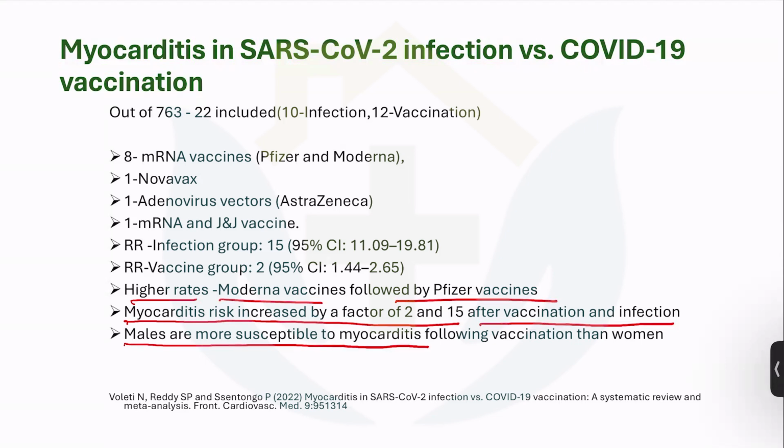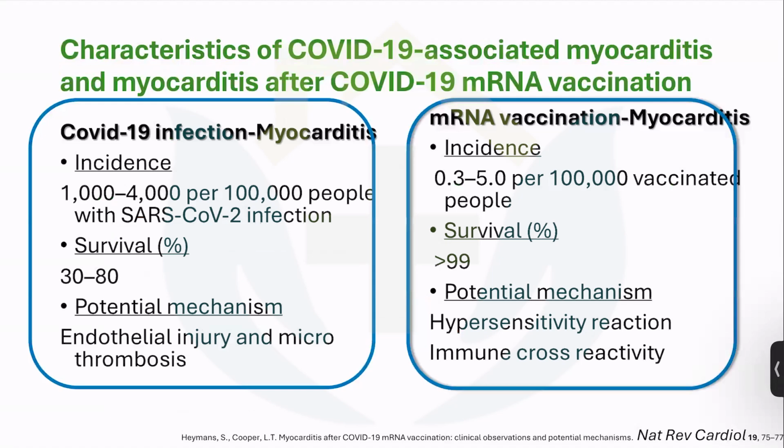So there is myocarditis occurring after COVID-19 vaccination and also after COVID-19 infection. In COVID-19 infection myocarditis, the survival rate is worse, whereas if it follows vaccination, survival rate is better. So once again, the vaccine is causing the myocarditis, but the people are surviving more, and the mechanism is different.